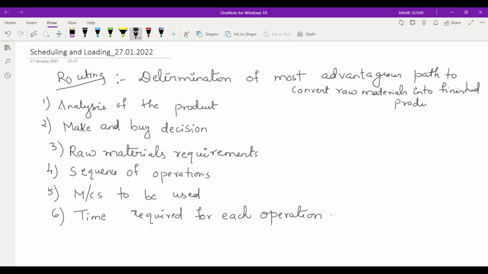You can write definitions from your books for your understanding only. I've told you in short the meaning of routing.